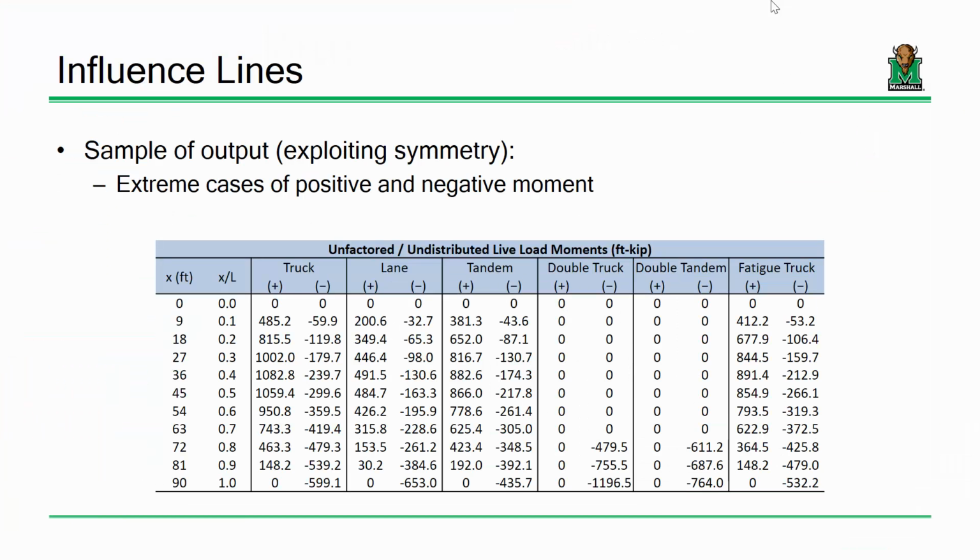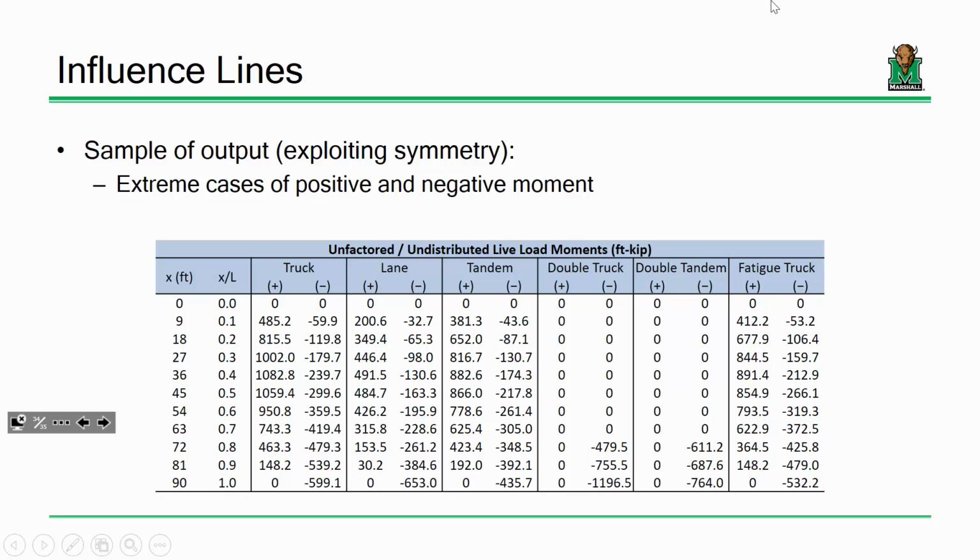to 90. But my point is that at a particular point, let's say at x equals 30 feet, there's a maximum possible positive moment and a maximum possible negative moment. And I've got everything reported for the truck, the lane, the tandem. Over here on the very right, I did the fatigue truck. There's not a credible amount of difference between the truck and the fatigue truck. The truck moments are a little bit larger because I'm able to take those axles and squunch them up to 14 feet.